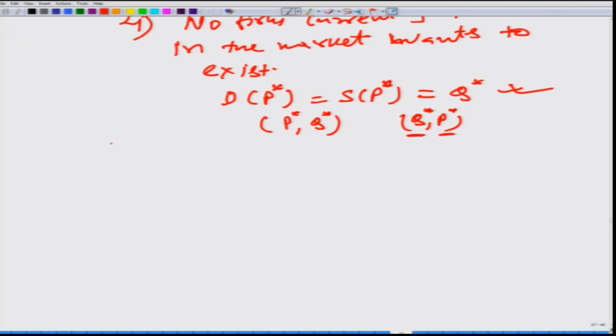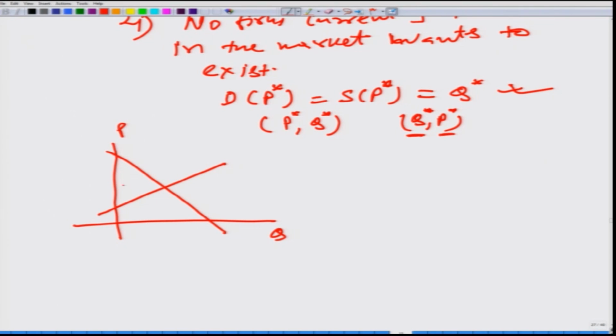So, let us say that the market is in long run equilibrium. What does it mean? This is the demand curve and this is the supply curve, just indicative. This is the price, and I am extending it to the other graph. What I want is that at this price P star, none of the firms should be making any profit.